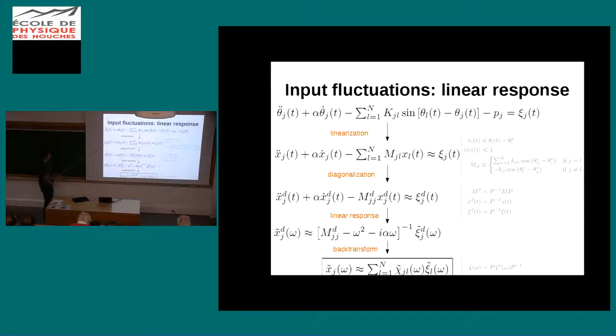Okay, and doing our business here, we end up at this equation, and this equation tells you the following: on the left-hand side, you have the linear response of oscillator j in my network to input fluctuations at arbitrarily chosen nodes of any number, and then you have the prefactor here, which is the linear response function of the network. So you will see that this is a closed form expression. If you don't believe me, I can walk you through this at the end of the talk.